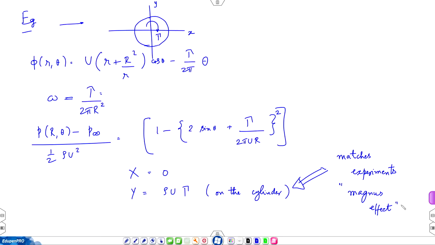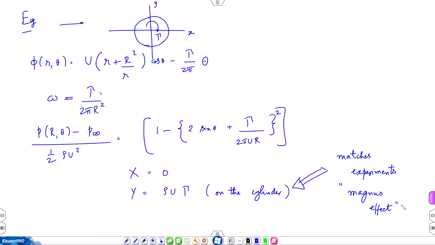If you read books on aerodynamics, they will call it the Kutta-Joukowsky law or theorem. But for our discussion, we will just call it Magnus effect. X equal to 0, Y is rho U gamma.